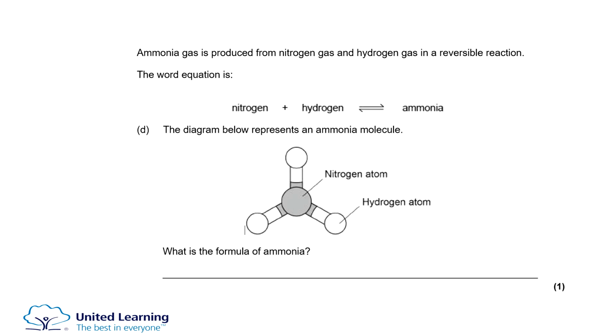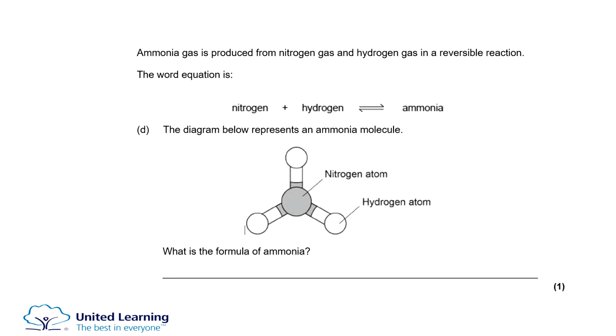The second part of the question asks you about a different substance, which is ammonia, which is produced from nitrogen and hydrogen gas in a reversible reaction. It gives you the word equation this time, and the knowledge they want you to come up with is can you make a formula given the word equation and what the molecule looks like.